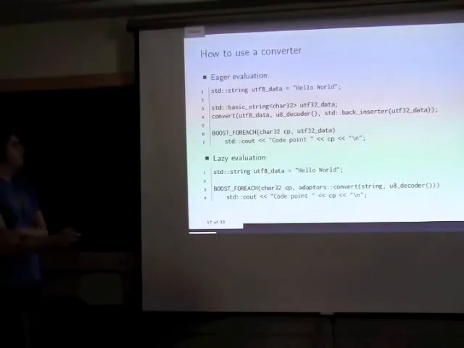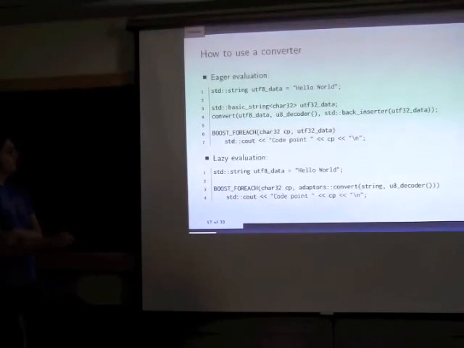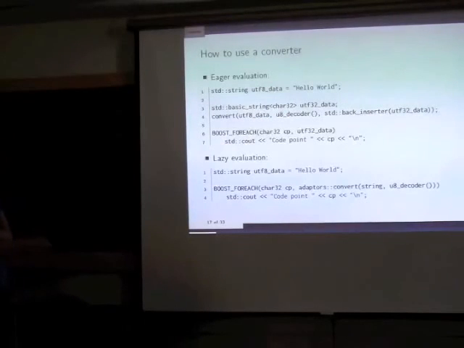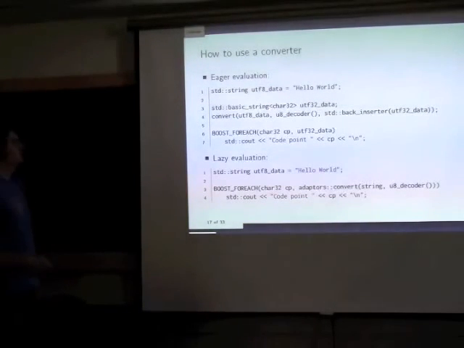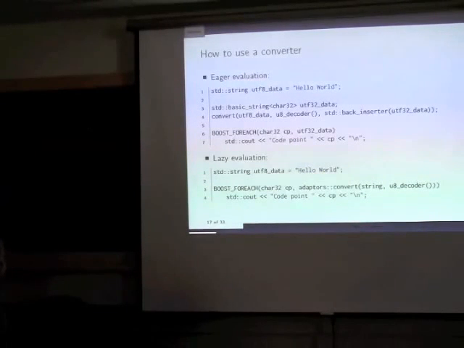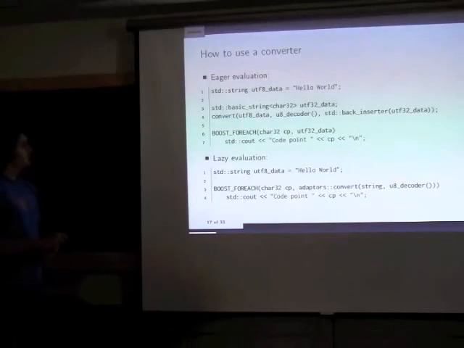And we're going to want to write it to this buffer, which is a string of char32, because the library defines a few types. char32 is one of them, which is like char32_t from C++11, but it is also compatible with C++03. So first we pass the input data, then the converter, and then the output iterator.